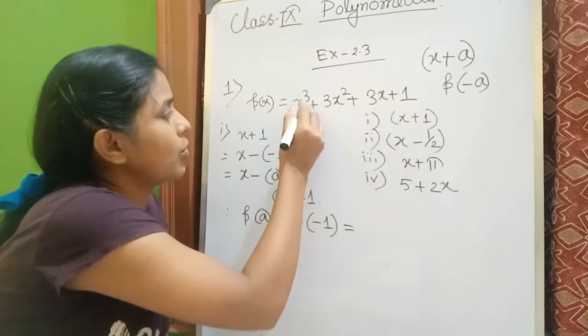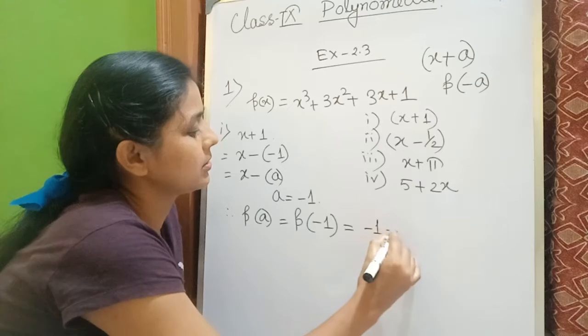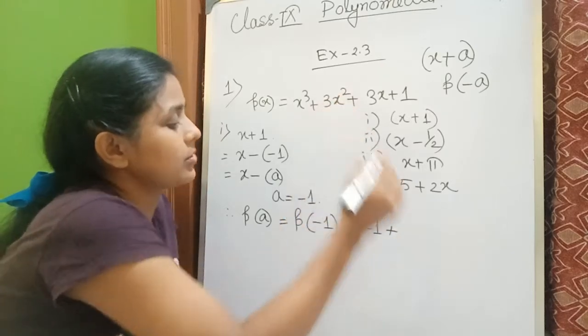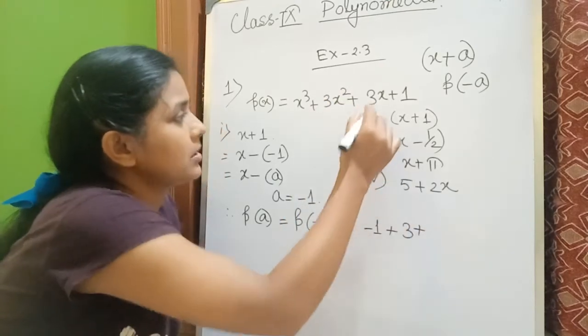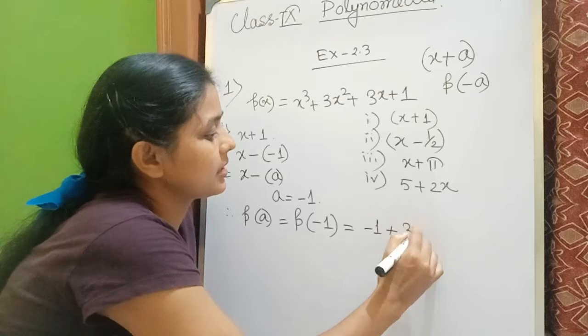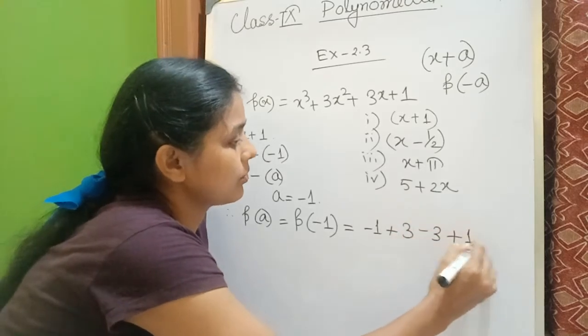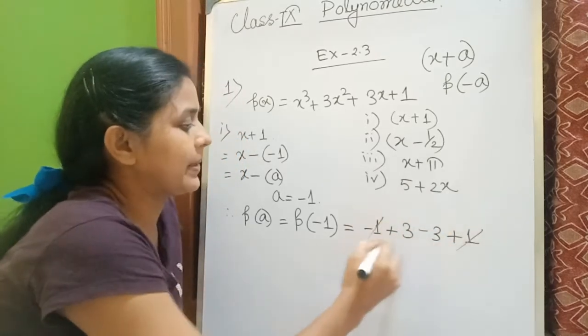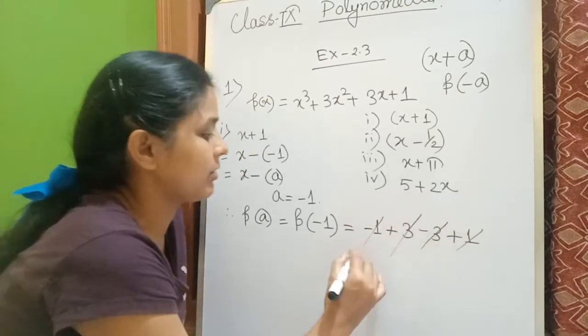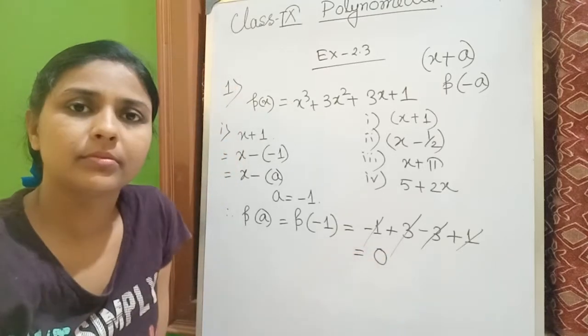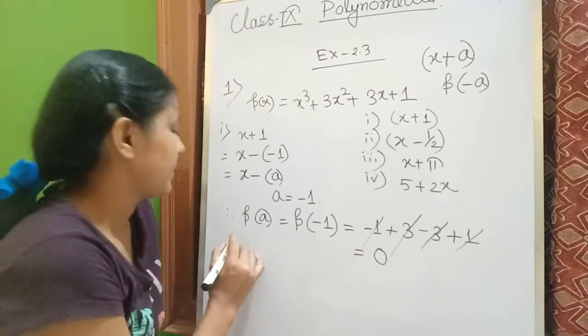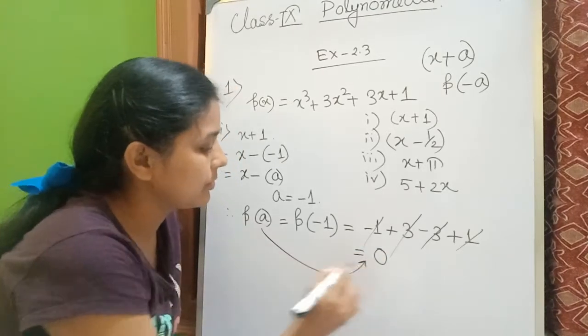Minus 1 whole cube is minus 1. 3 into minus 1 whole square is 3. 3 into minus 1 is minus 3, plus 1. 1 will be cancelled out, 3 will be cancelled out. We are getting 0. That means p of a is 0.